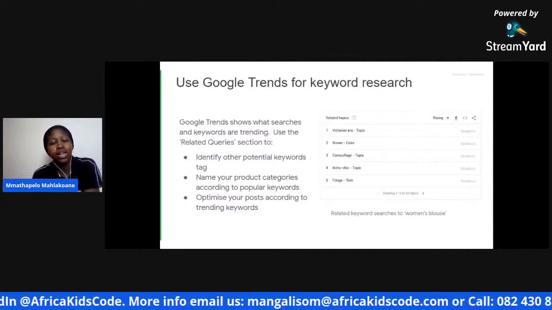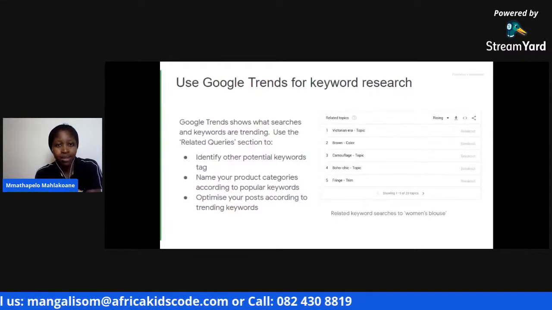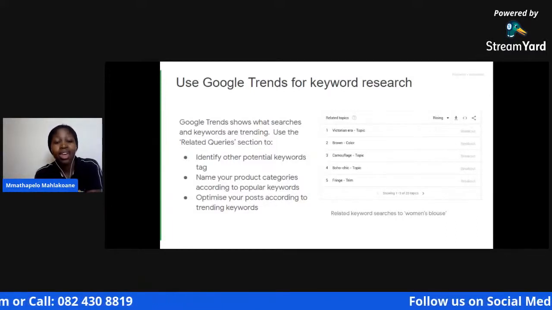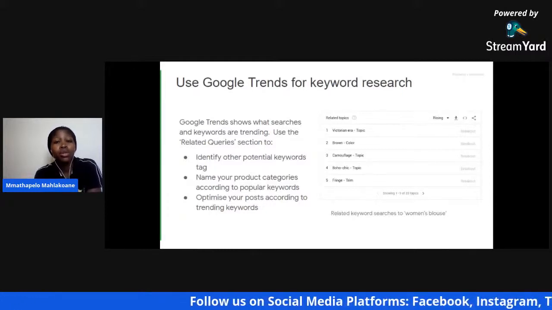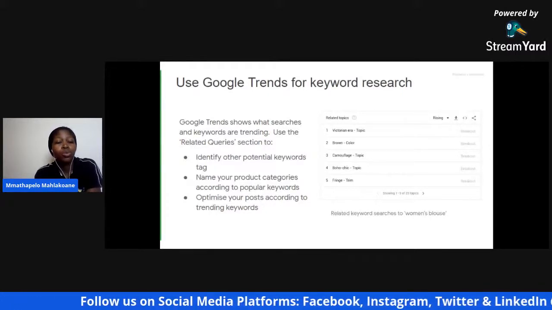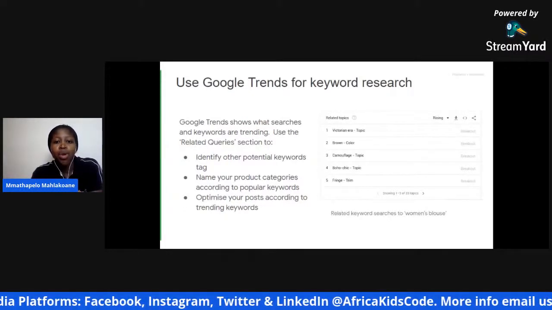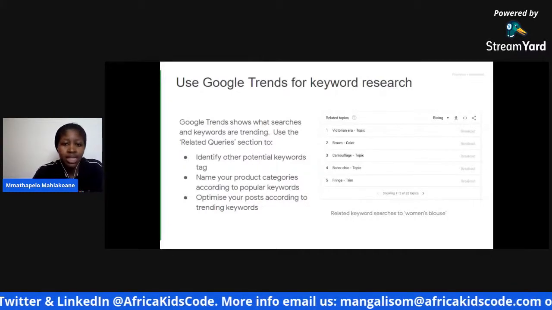Please make sure that you use keywords that are related to your business at all times. Because if not, your competitors are there and they will use relevant keywords, and your business will not grow at all. So make sure that you name your product categories according to popular keywords.